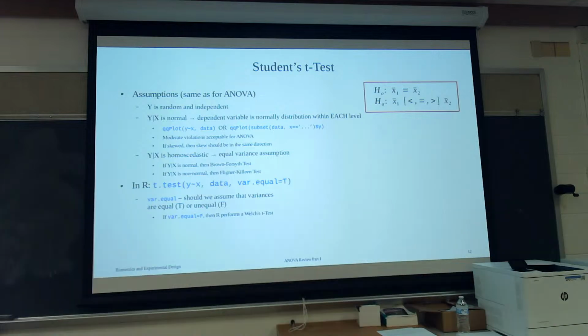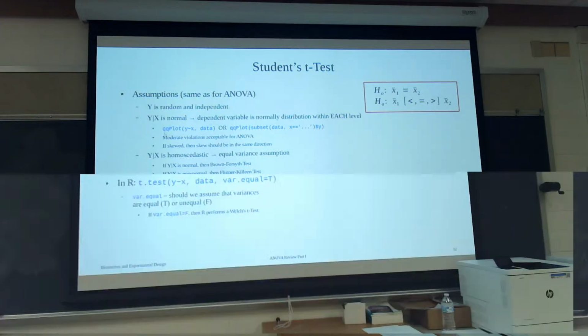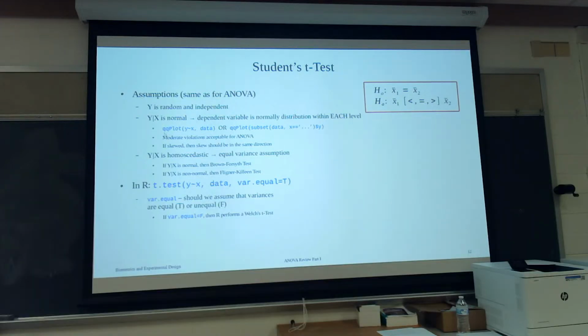And what's been nice is that new versions of the car package allow us to do the qqPlot by writing a formula, y as a function of x. And qqPlots then will create a qqplot for every group within our independent variable.